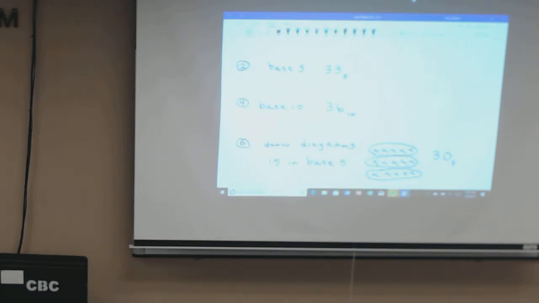Other number bases. The one you work in is the decimal system, the base 10. All of you know about that, don't you? Let me back up here a little bit and put something up here. So your base 10 is 10 to the 0, and then 10 to the 1, and then 10 squared, and then 10 to the third.